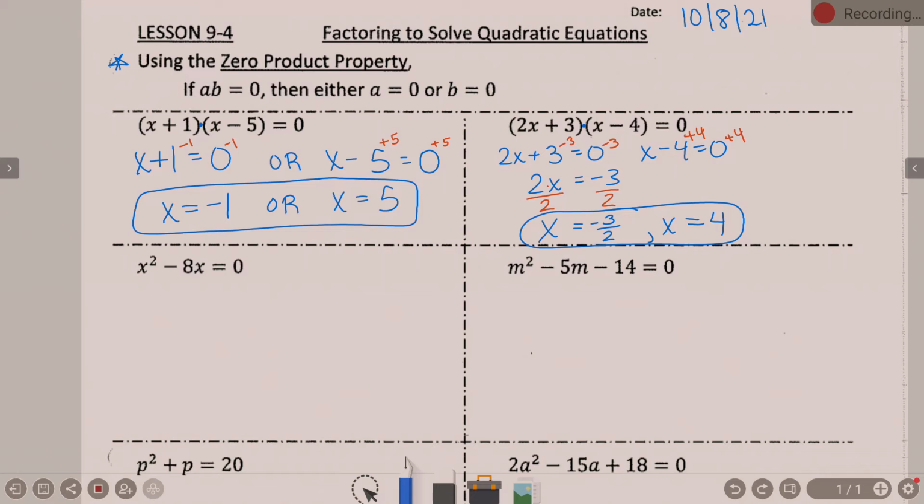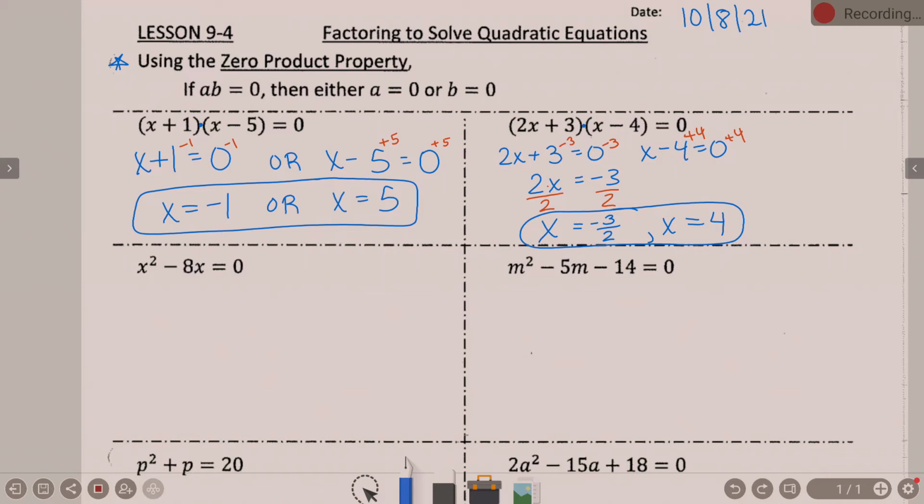Well, we'll go ahead and talk about it. I don't think I saw any like this in homework, but technically, when we're factoring, our first step should always be something about a GCF. Do x squared and 8x have anything in common?